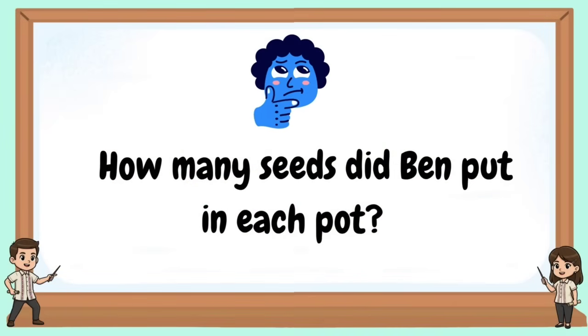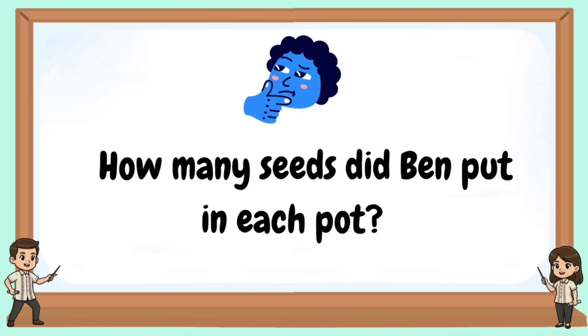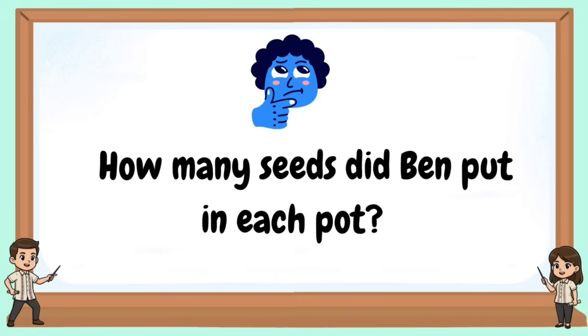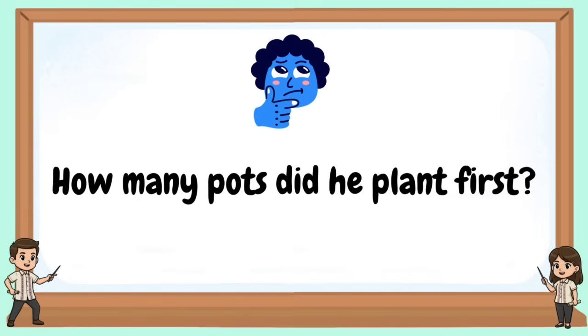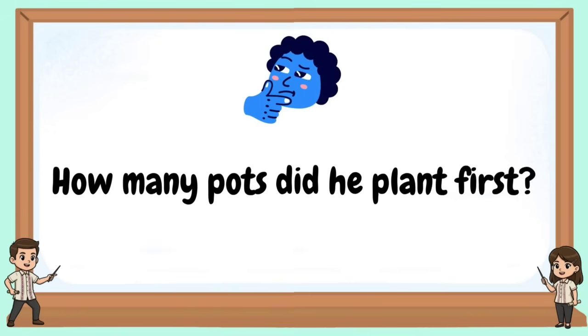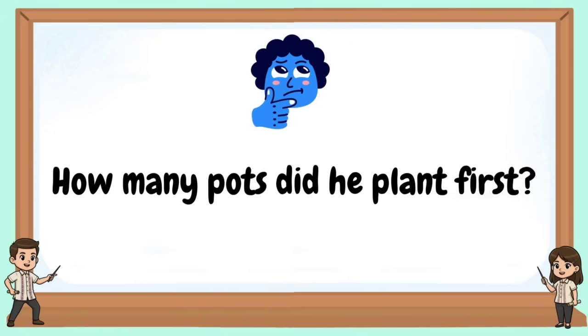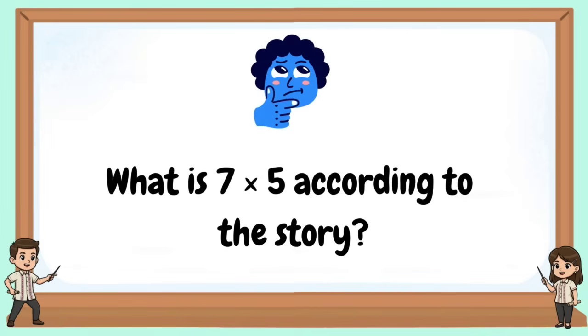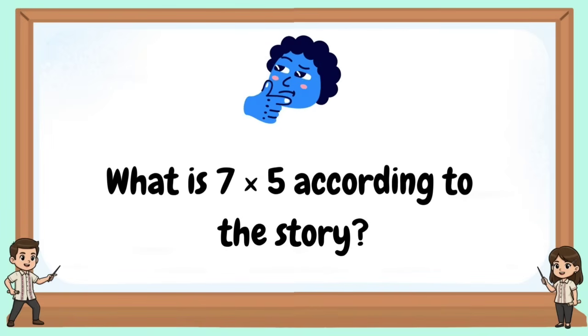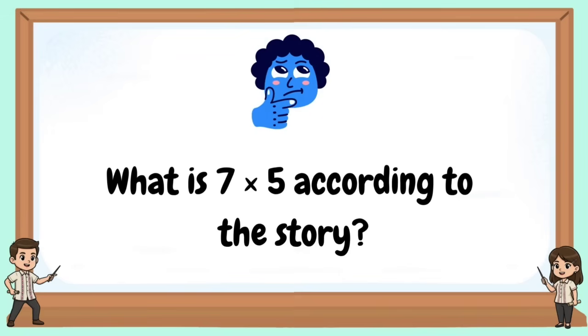How many seeds did Ben put in each pot? How many pots did he plant first? What is 7 times 5 according to the story?